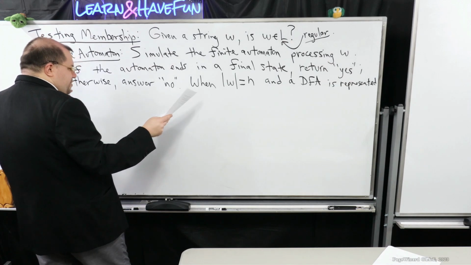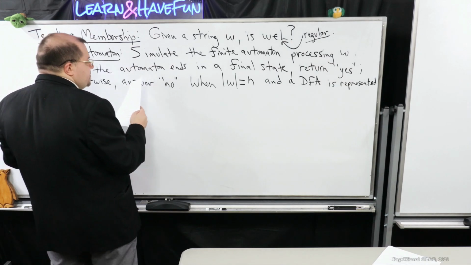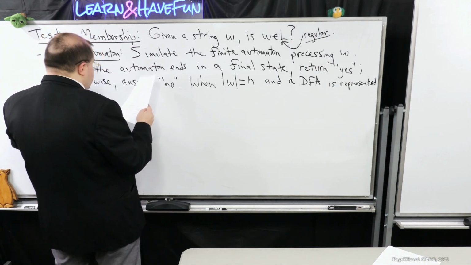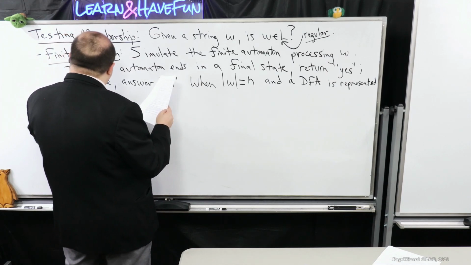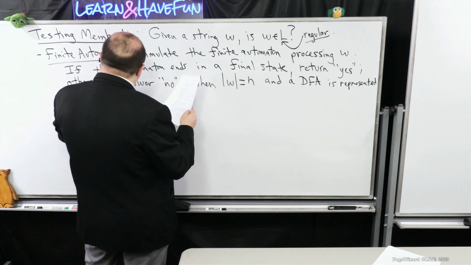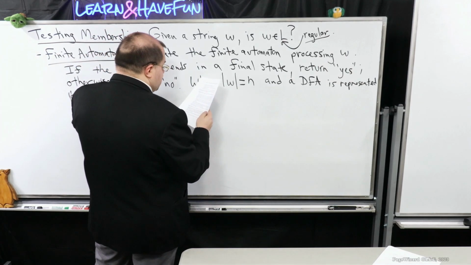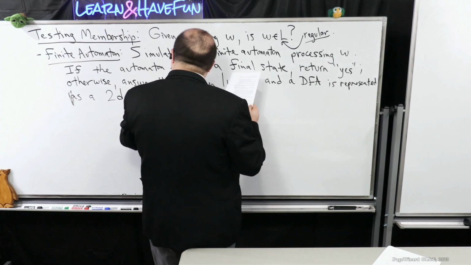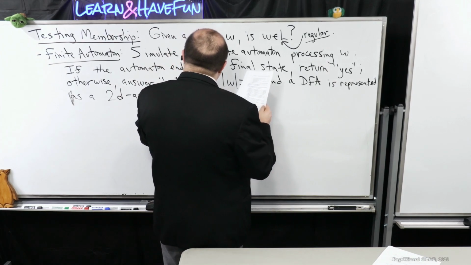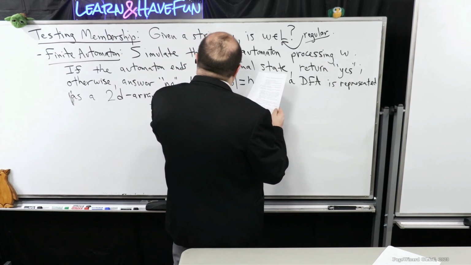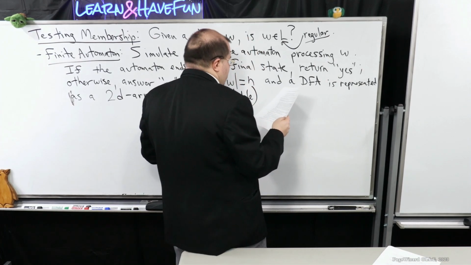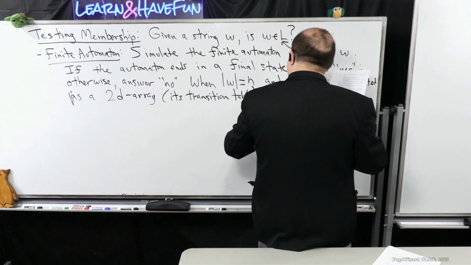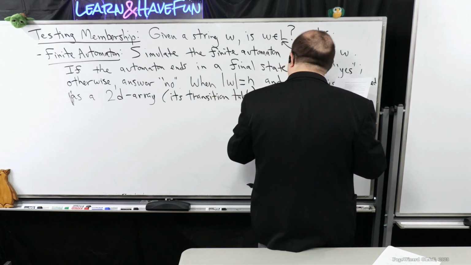But I'm just going to restrict this just to DFA. And a DFA is represented as a two-dimensional array, which is, of course, its transition table, which we talked about way back. This is one natural way to implement a DFA in terms of how you represent it as a transition table.